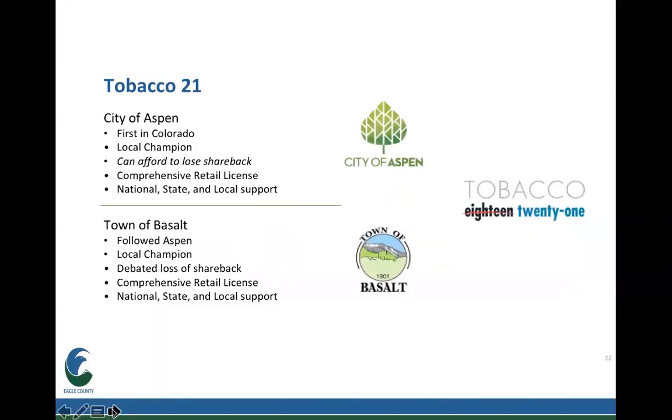So in Aspen, we had a local champion there, Dr. Kim Levin, who's the county medical director and local emergency room doctor, who had read an article on Tobacco 21, and she became very passionate about this and approached city council. She connected quickly with the Preventing Tobacco Addiction Foundation, or the National T21 movement, and had some great support from their regional director for this effort.